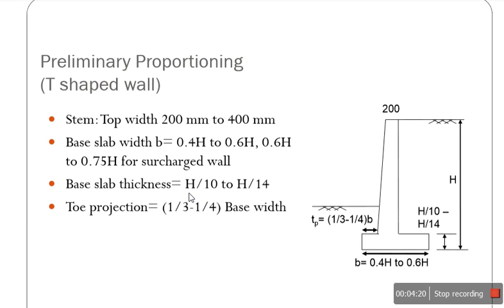Based upon the height, we consider some factors, like 60% or 40%, the percentage values, and then we preliminarily assume the dimensions of the wall. Then we start analyzing the stability conditions of the retaining wall.